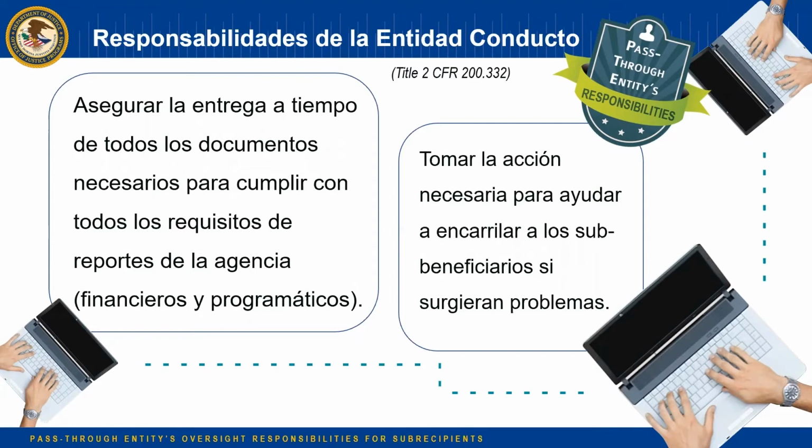So you want to make sure that your sub-recipients have policy and procedures in reference to how things will be submitted to your organization. And again, if there are any issues down at the subrecipient level, you want to make sure as the pass-through entity that you address those as quickly as possible to make sure that you can get the subrecipient back online with the particular grant program.